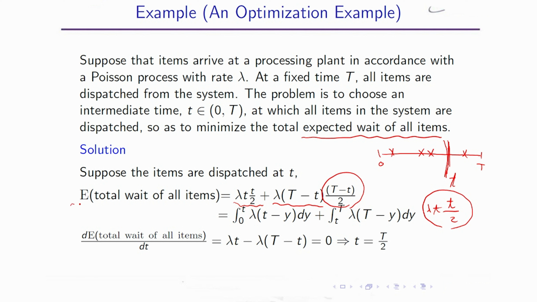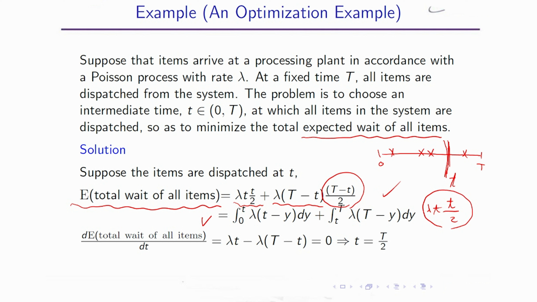So that would be the expectation of the total waiting time of all items. And of course, you can use integration to get the same result too. But this is very intuitive, right? Based on what we know about the Poisson process, without using integration, we can just write down the expression like that, right?